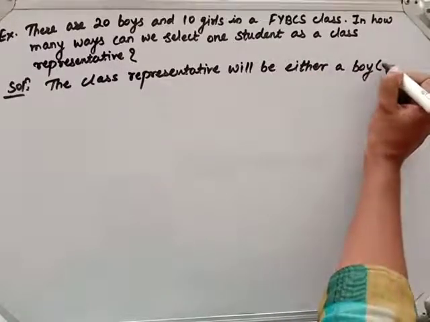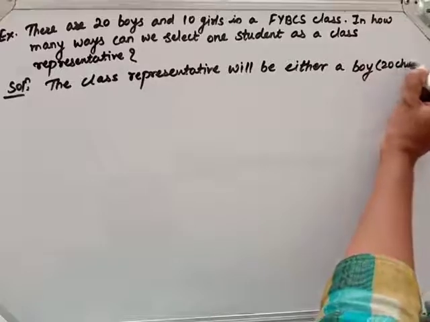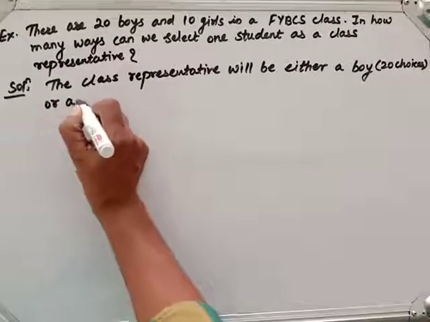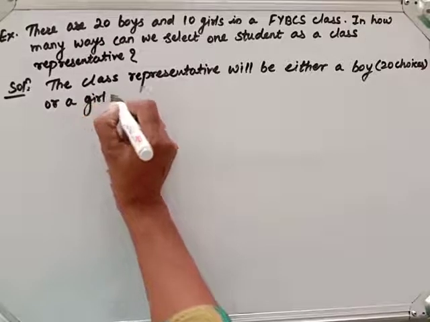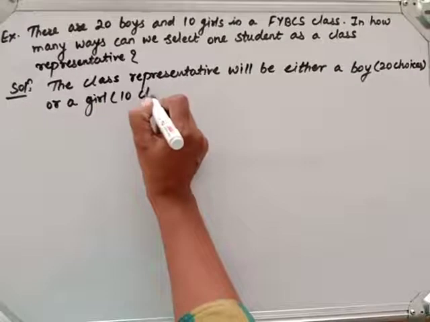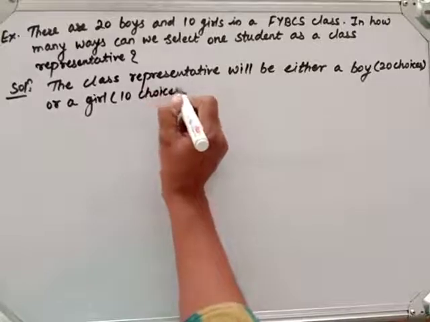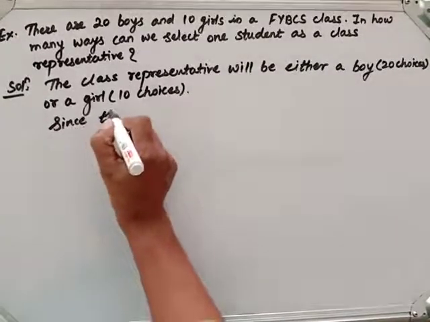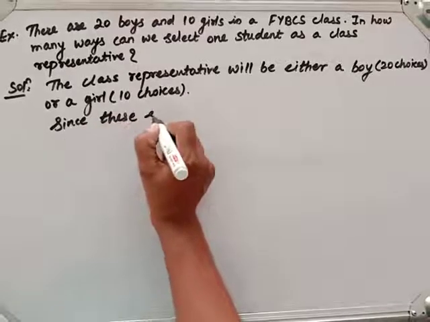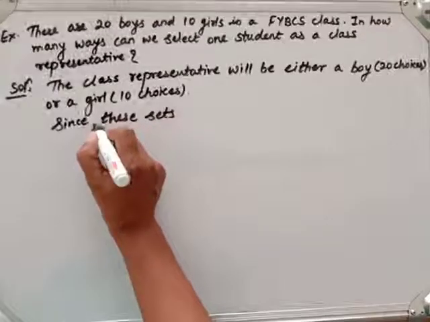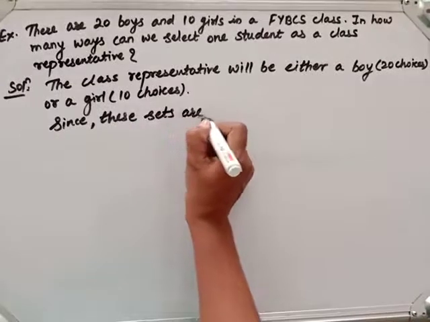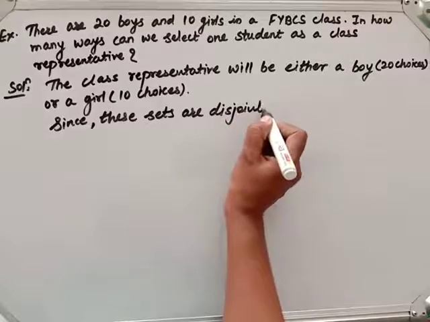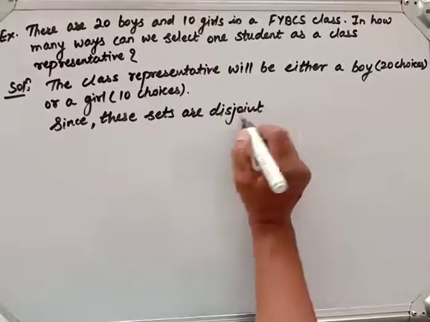Now how many choices for boy? 20 choices. Or a girl, how many choices? 10 choices. Now since these sets are disjoint, these are different, disjoint or independent.